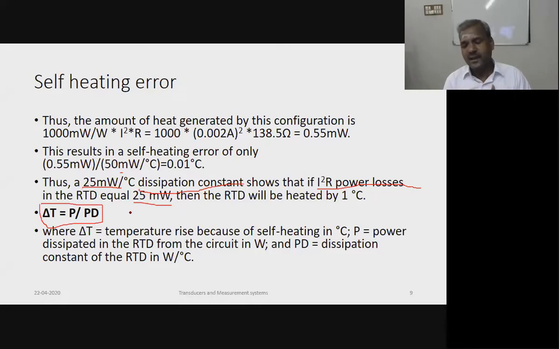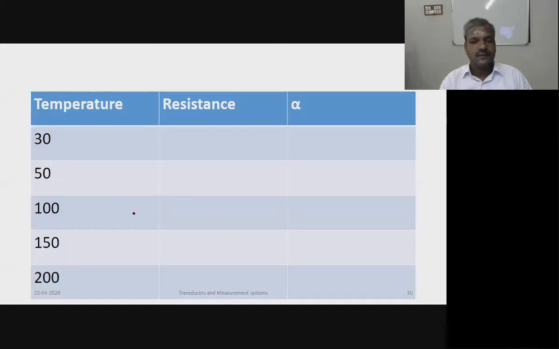The additional error due to self-heating can be calculated as power loss divided by the dissipation constant, P_D. Then you can get the change in temperature because of self-heating error. You can calculate the relation between temperature in degrees Celsius and resistance in ohms, then easily compute the alpha value.